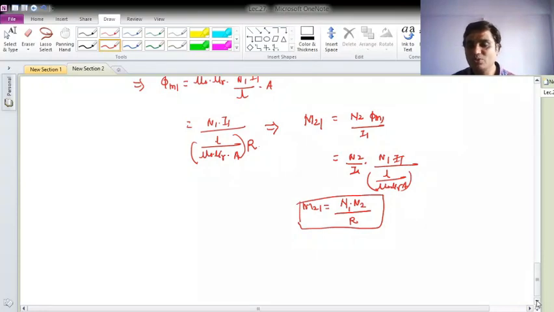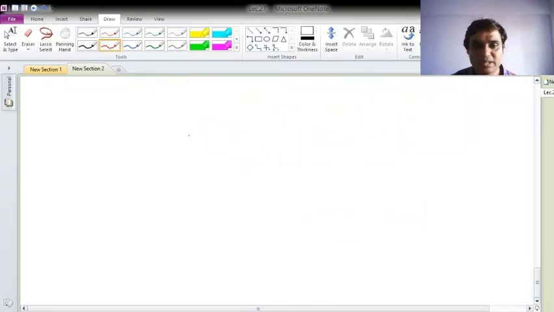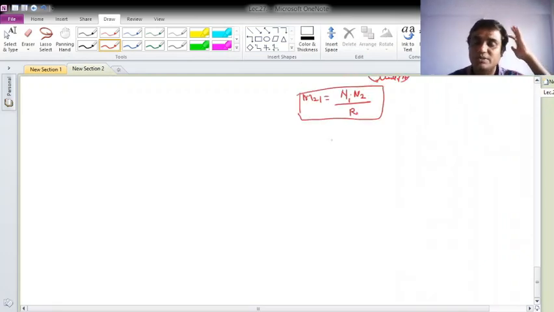Now I'll take the same magnetic core, but now I will not supply current in coil 1; I'll energize coil 2 and see what will happen in terms of the mutual inductance.